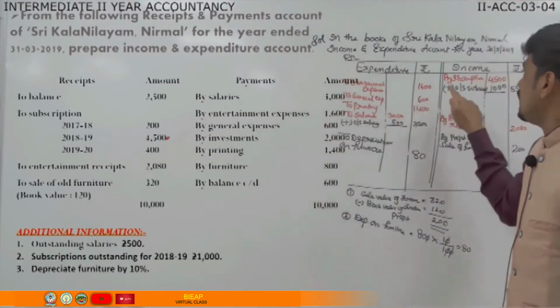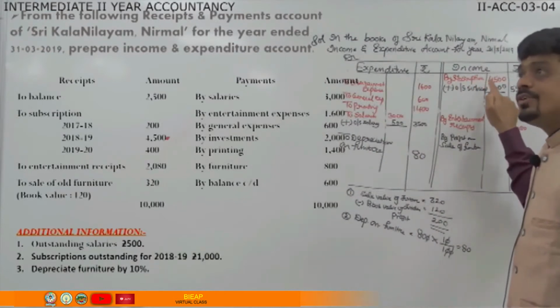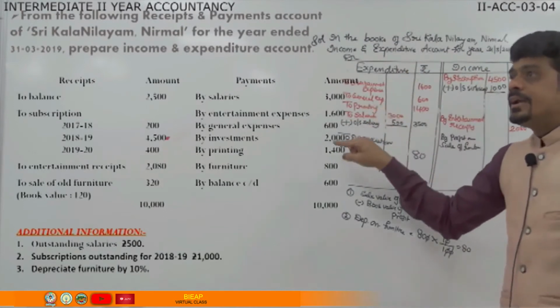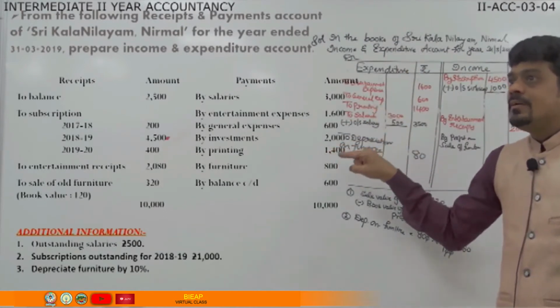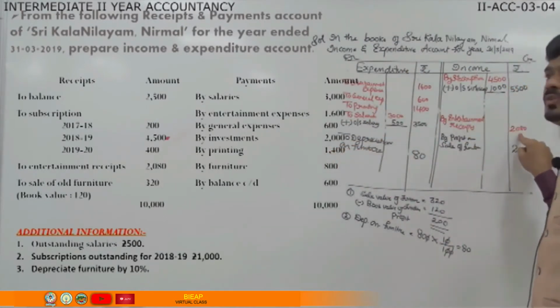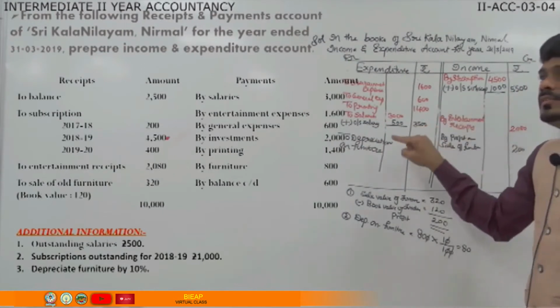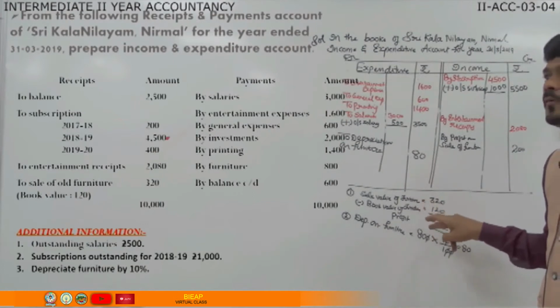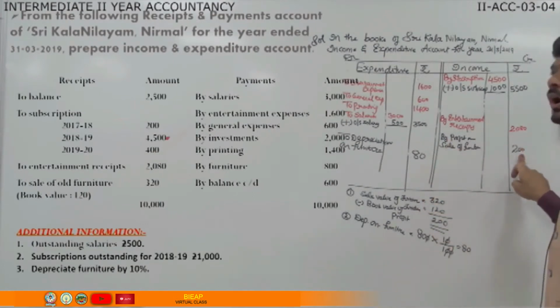We took current year income, in the inner column, because there was an adjustment. Then entertainment receipts are income which we took in outer column. Sale of furniture. We compared the value, we got profit. Since it is profit, we took on income side.